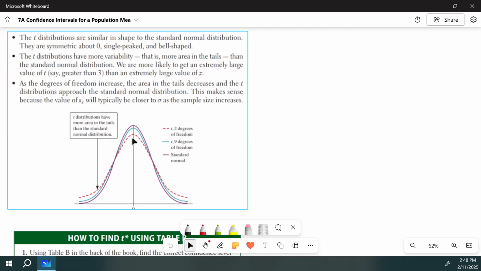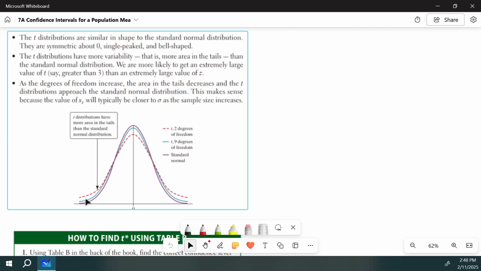Notice the peak is lower and the tails are thicker, so there's more area in the tails than the standard normal distribution. However, something to note is that we have 9 degrees of freedom in this blue dotted curve. Notice that the peak is higher, and the tails, while thicker than the standard normal distribution, are a little bit thinner than the T distribution with 2 degrees of freedom.